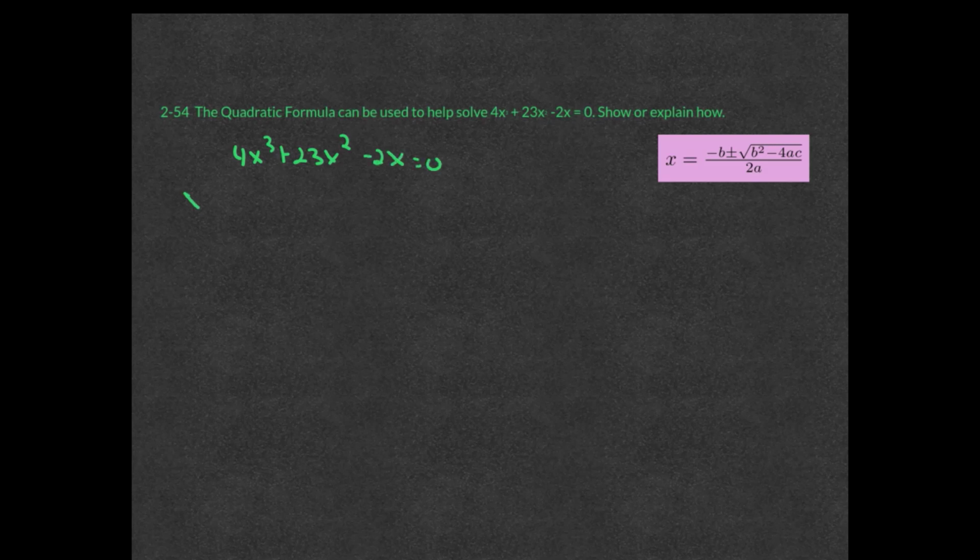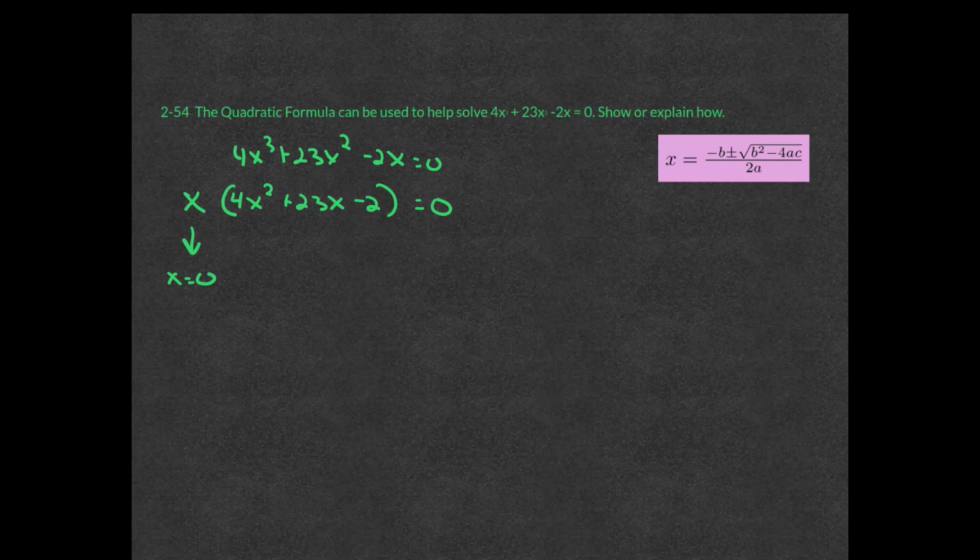So I'm just going to take an x out, and then that'll give me a quadratic that I can use in the quadratic formula. So now it's x times (4x squared plus 23x minus 2). Okay. This will be x equals 0, because that's the only thing that it could be.